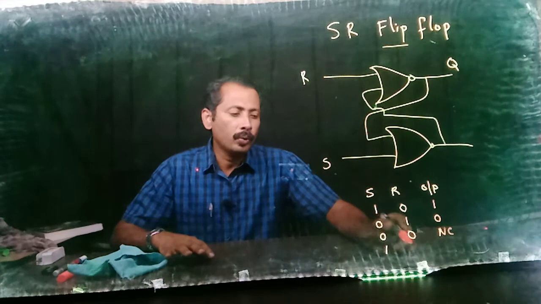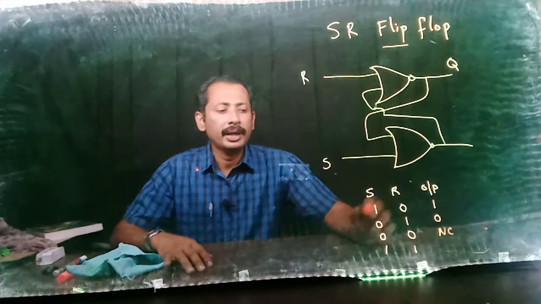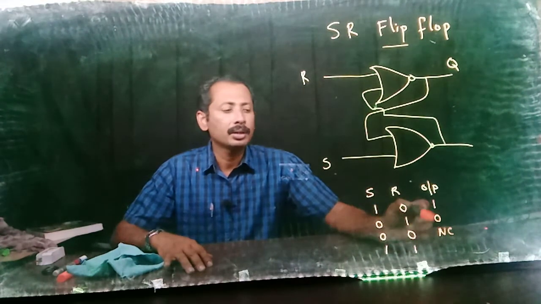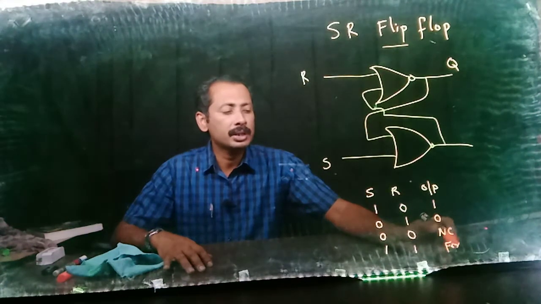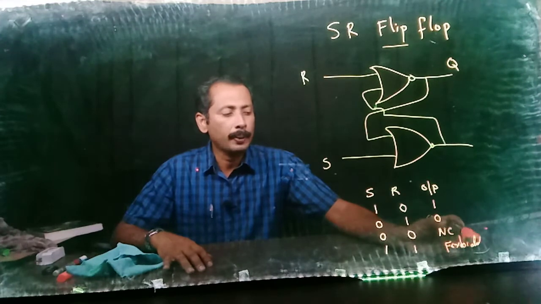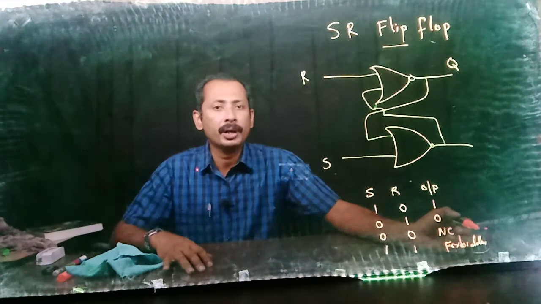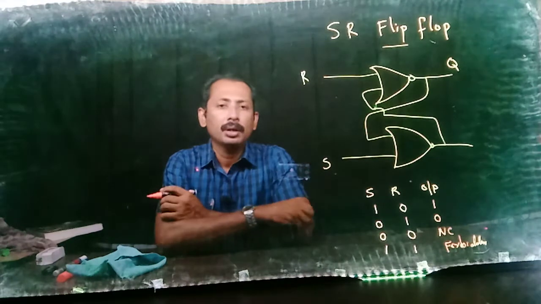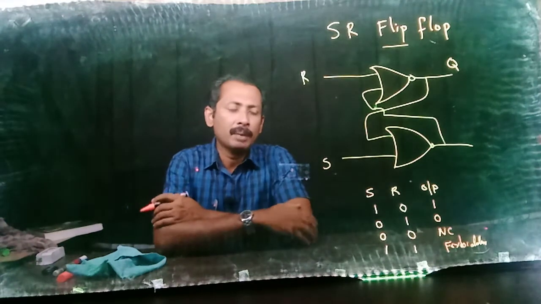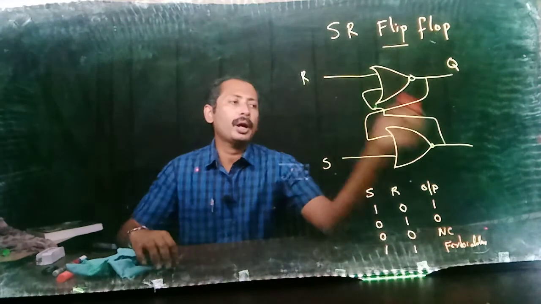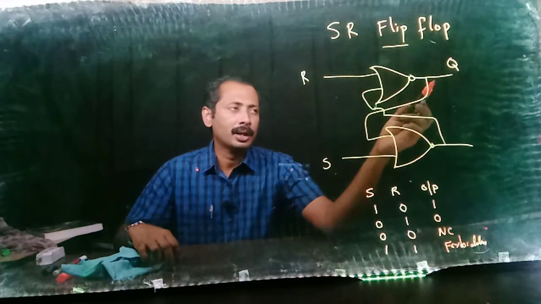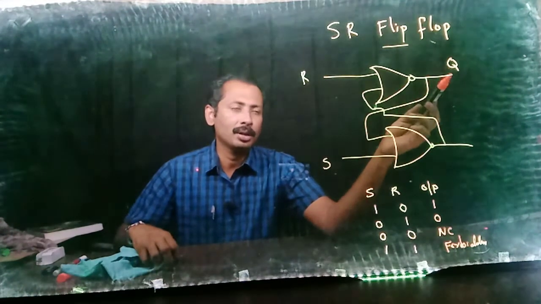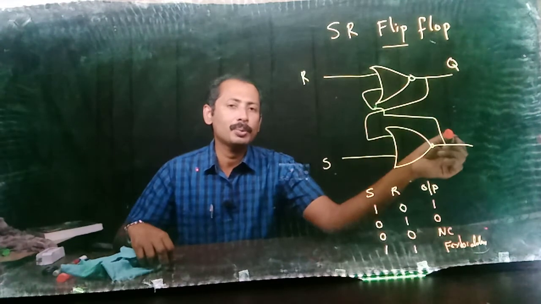And for 1 1, S and R made 1, this cannot be given for an SR flip flop since it loses the property. So we call it the forbidden condition. When S and R are made 1, Q and Q bar become 1, which is not correct since if Q is 1, then Q bar will be 0.